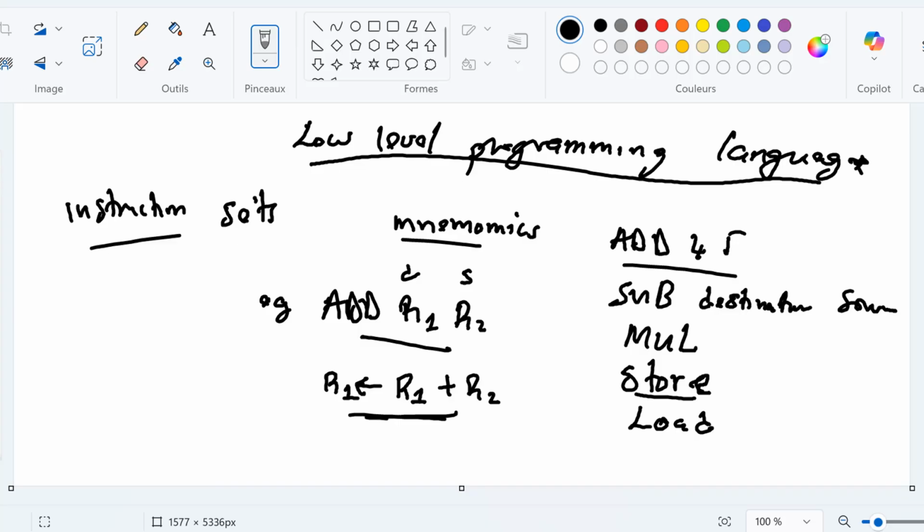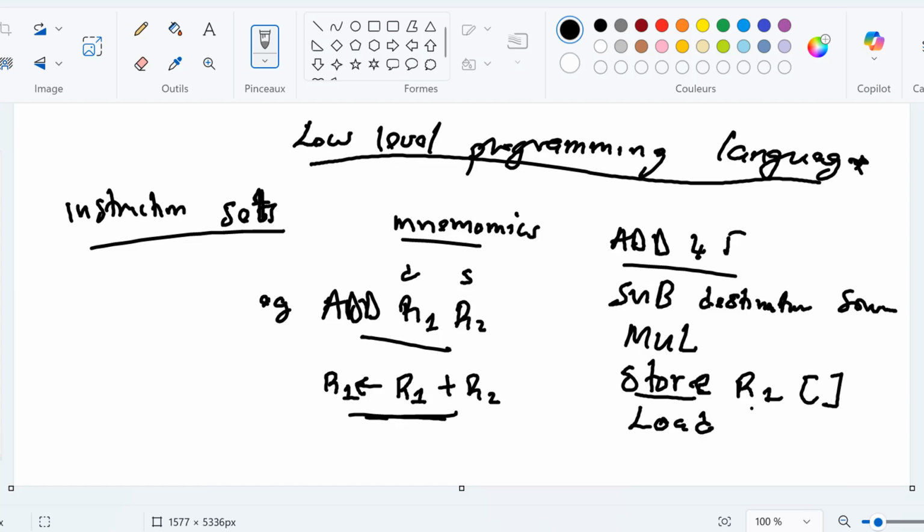There are some processors where, for store, the memory is represented at the first position and the register comes after. But at the level of the DC we don't disturb students here. If you write your memory on this side and your register on the other side, it is no problem. But understand the meaning of store.